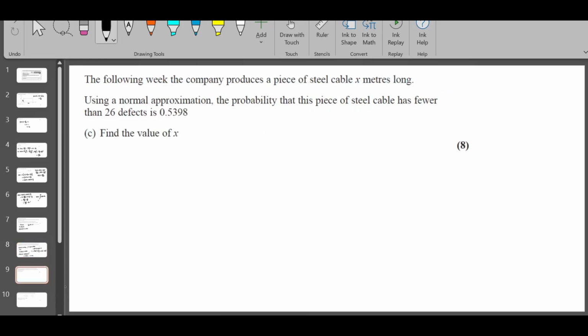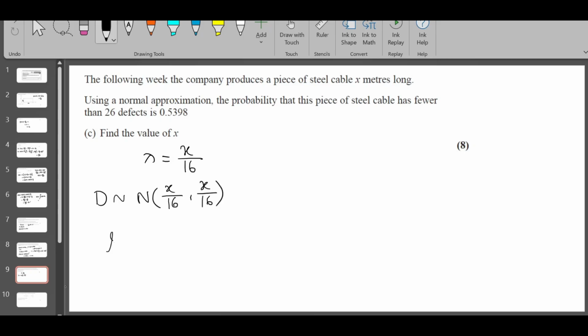Part C now. The following week, the company produces a piece of steel cable X meters long. There is 1 defect per 16 meters. So for X meters, it's going to be X over 16. Lambda is going to be X over 16. Using a normal approximation, so you can write it as normal, so D follows normal distribution of mu X over 16 comma lambda, right?